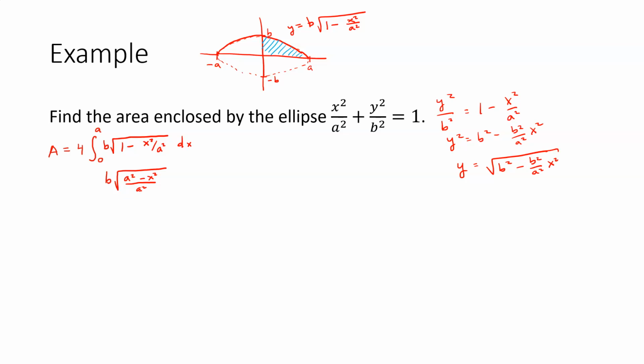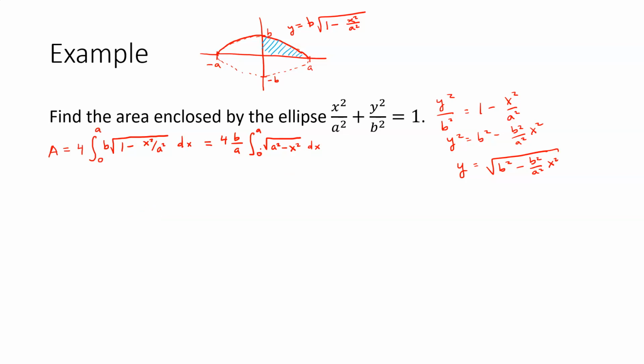Because then I can also take the square root of a squared in the bottom, and so I get b over a on the outside, and then the square root of a squared minus x squared. Okay, so actually here I'm going to write that up here, save myself some room. So it's 4 times b over a, integral from 0 to a, of the square root of a squared minus x squared. Okay, so here I'm going to remove this stuff down here so we can use that room to integrate.